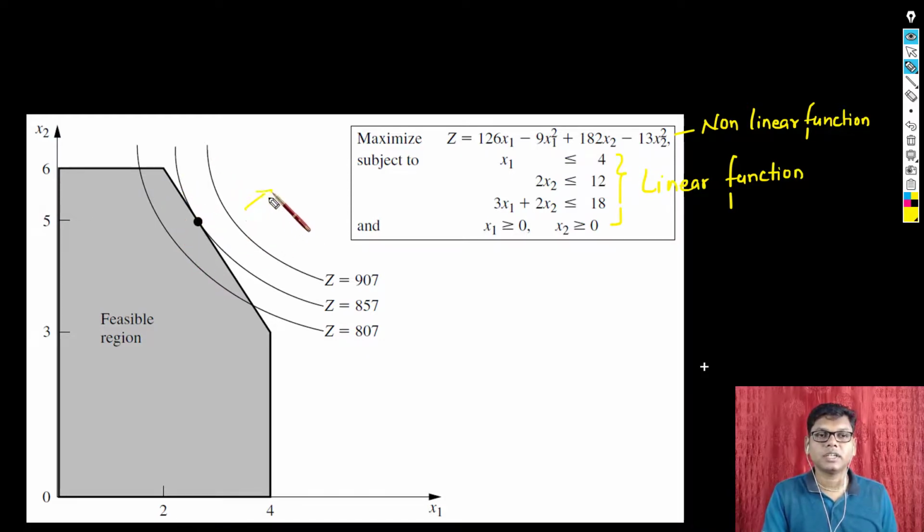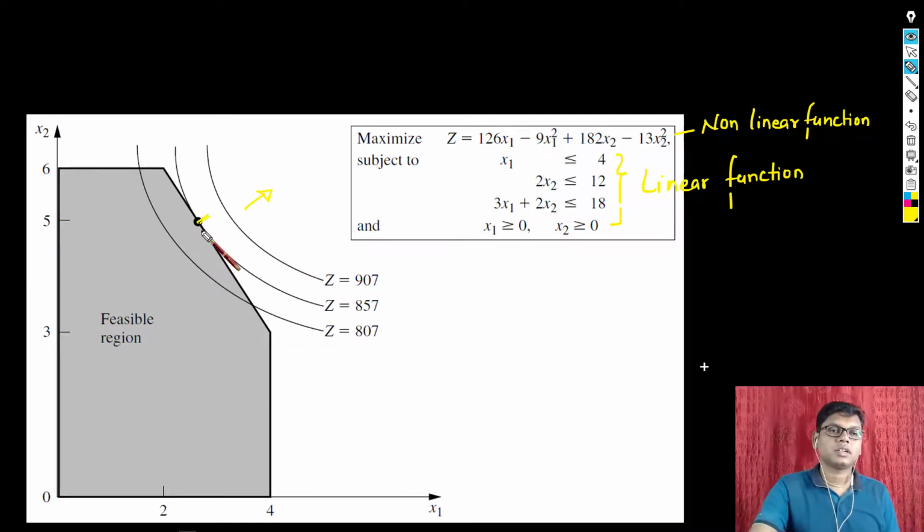That means you will get the maximum value in this direction. So you have to find the single point through which this objective function is passing, after which the objective function will be out of the feasible region. So that point is this one.